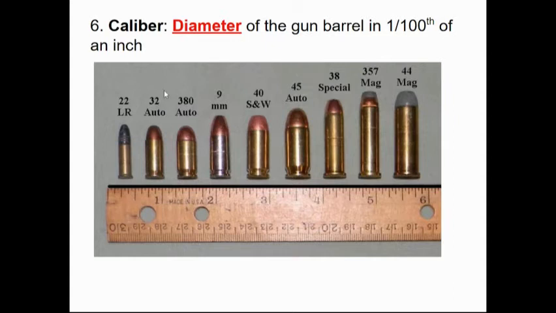Okay, so we can see that as the numbers are getting larger in general, what we're saying about that is the diameter is getting larger. So a 22 is short for 0.22, 22/100ths of an inch.